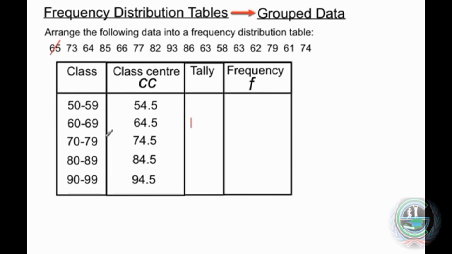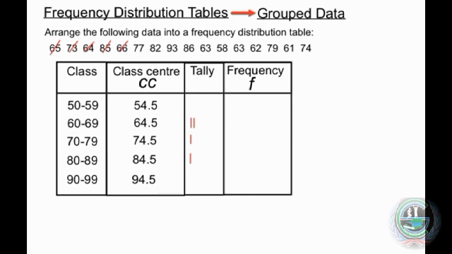We'll just ignore the class centers for now. We're really focusing on these classes and whether the individual scores belong to each of them. So we'll cross off 73 and put a marking down in the 70s. 64 is another tally mark for the 60s. 85 is in the 80s, obviously.